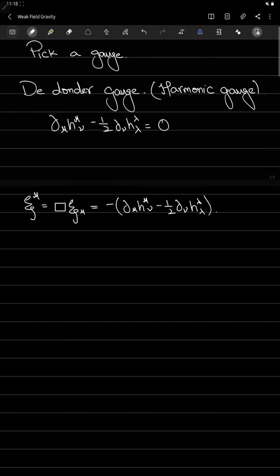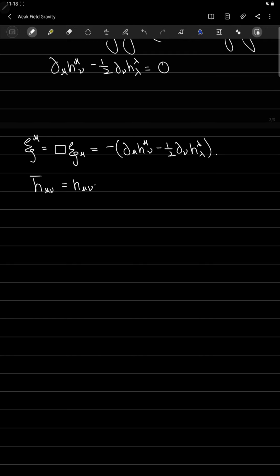Now at this point I'm going to introduce a new field, and I'm going to call it h bar mu nu, and I'm going to set it equal to h mu nu minus 1 by 2 eta mu nu and the trace of the field h, which is h lambda lambda. Now I can do this, it's absolutely valid, right?